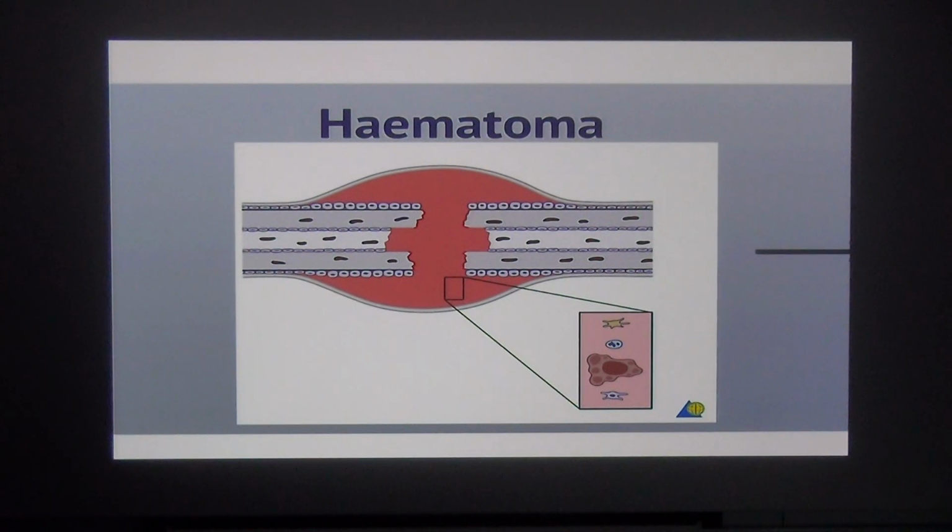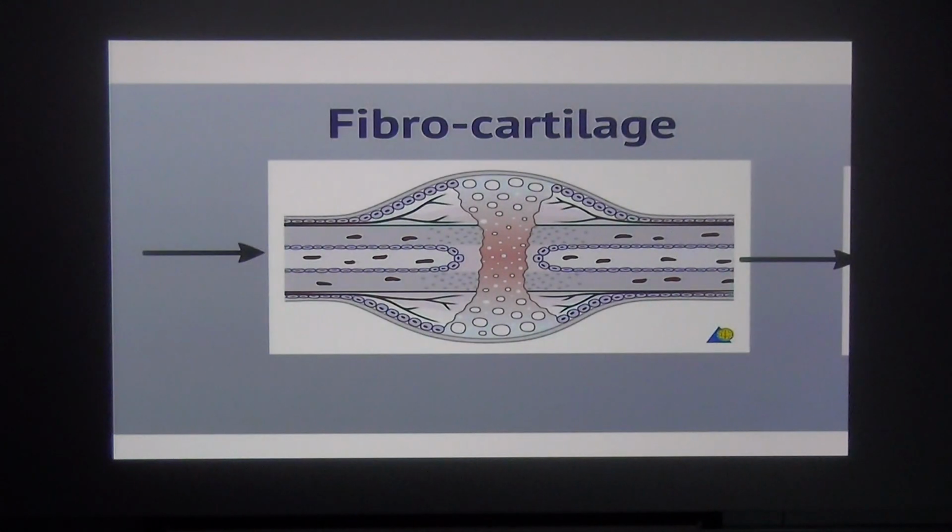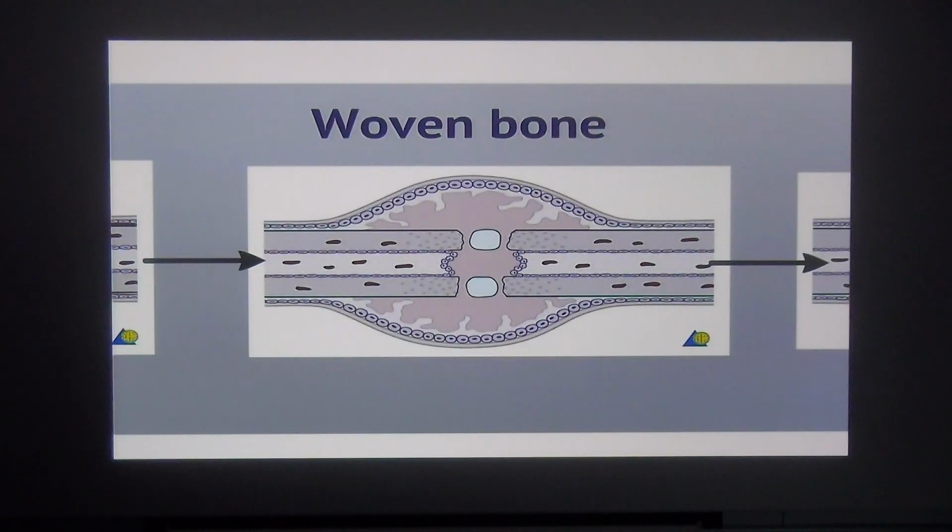There's loads going on, and all of the cells are deciding what they're going to do, marshalling themselves, and expressing fibroblasts and chondroblasts. Chondroblasts produce cartilage, fibroblasts produce fibrous tissue. I'll come back to that. Then upon that scaffold is laid woven bone.